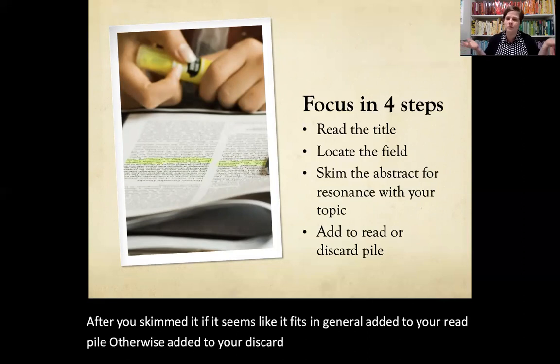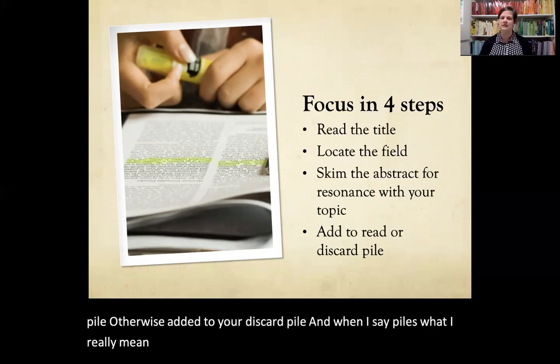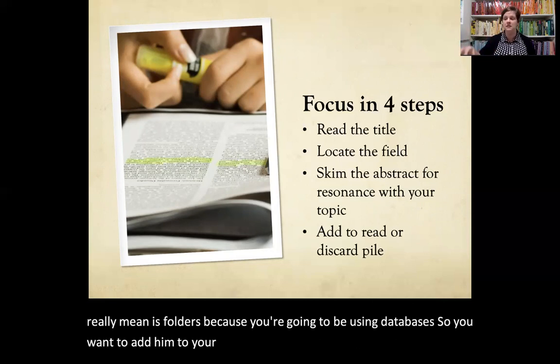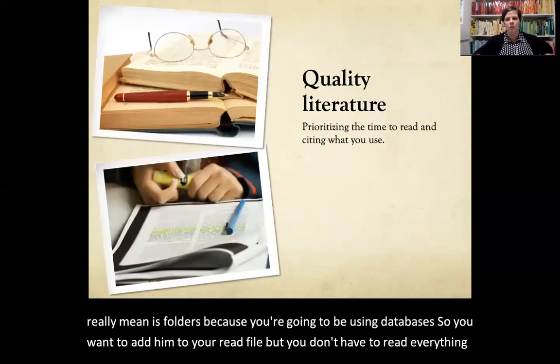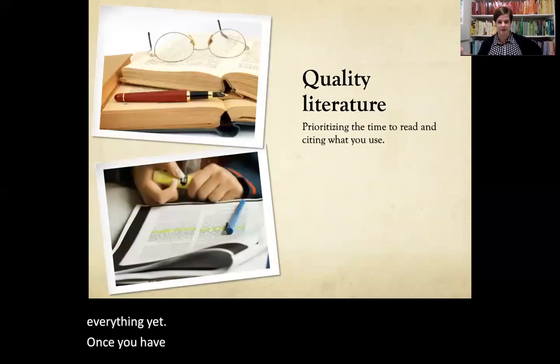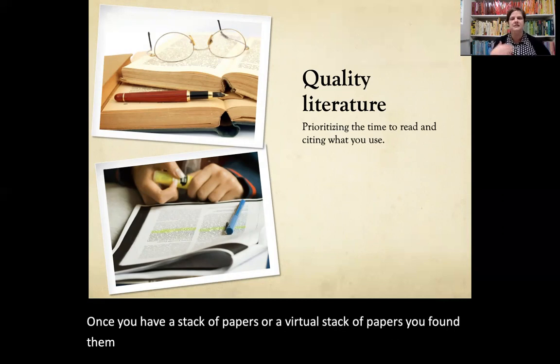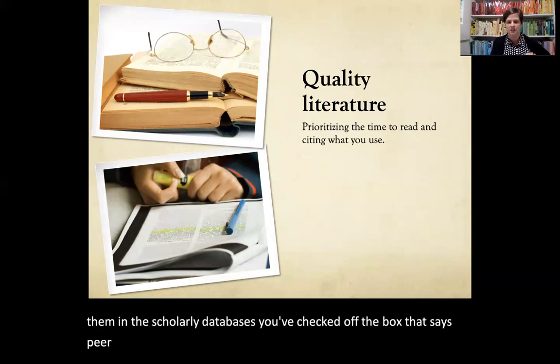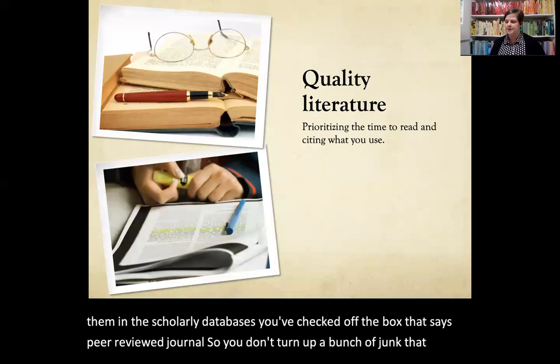And when I say piles, what I really mean is folders, because you're going to be using databases. So you want to add them to your read file. But you don't have to read everything yet. Once you have a stack of papers, or a virtual stack of papers, you found them in the scholarly databases. You've checked off the box that says peer-reviewed journal, so you don't turn up a bunch of junk that you can't use.